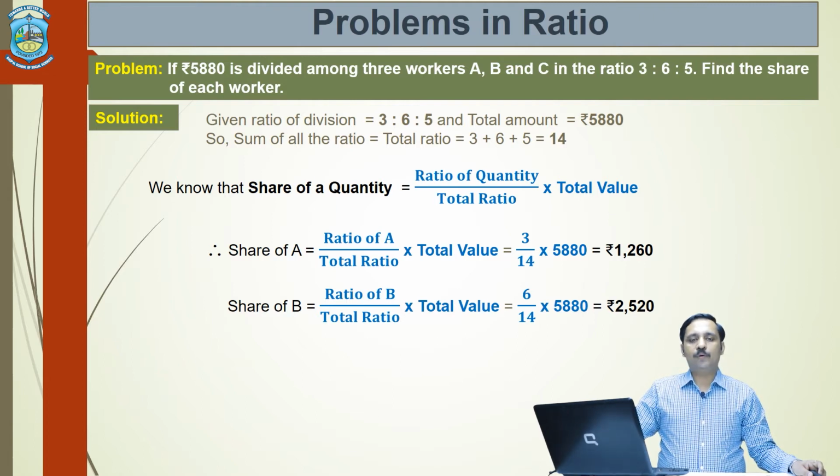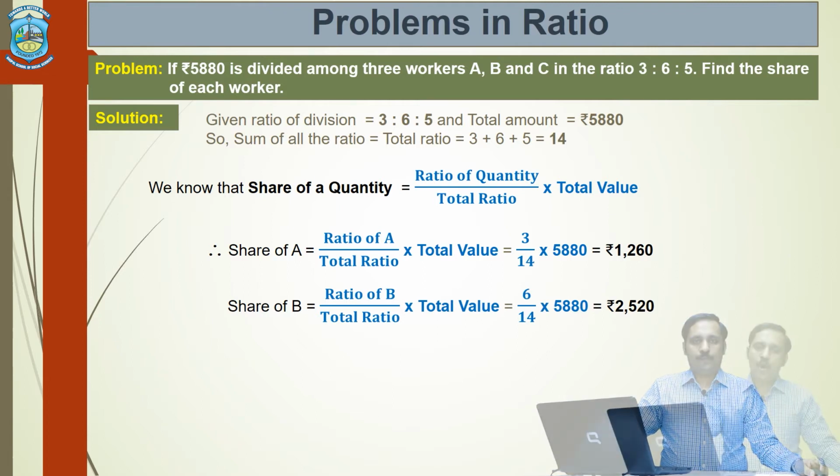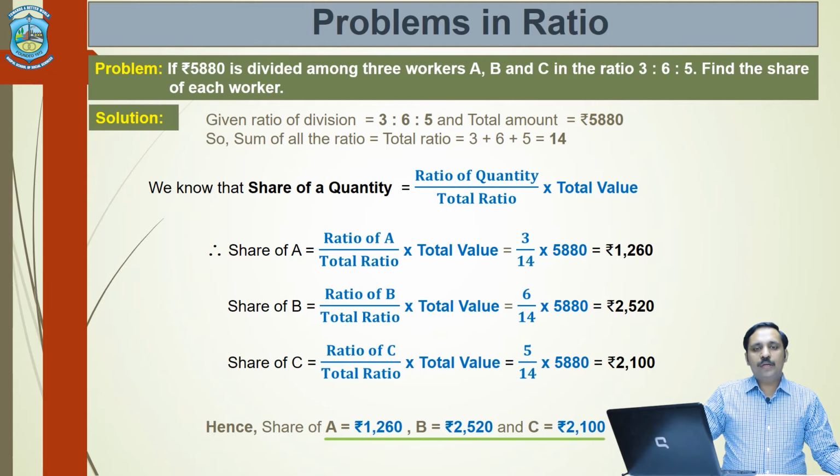So we have the value of B as rupees 2520. Also, the share of C is the ratio of C divided by the total ratio multiplied by the total value, that is 5 upon 14 multiplied by 5880. We get the answer as 2100. Hence the share of A is 1260, the share of B is 2520, and the share of C is 2100.